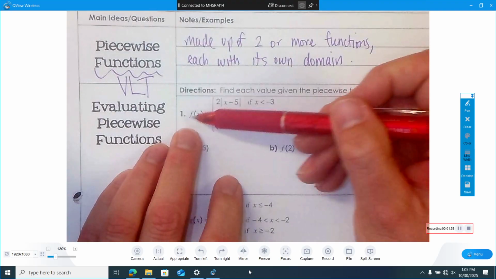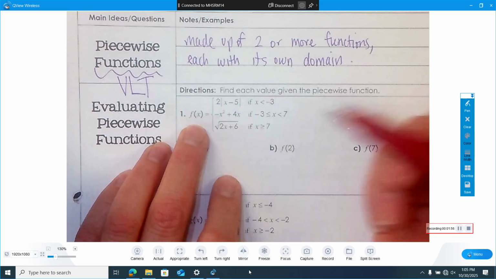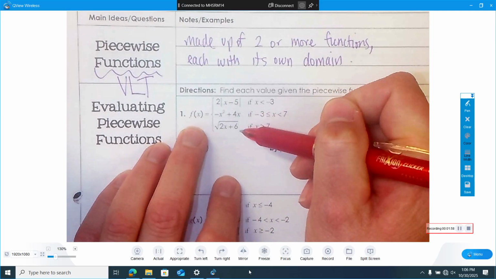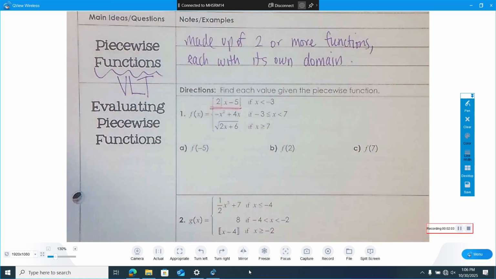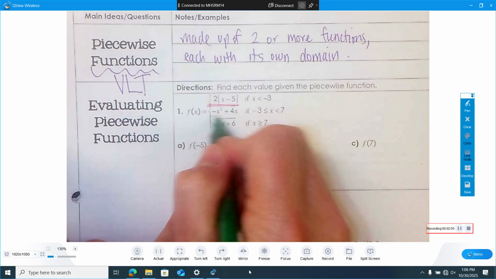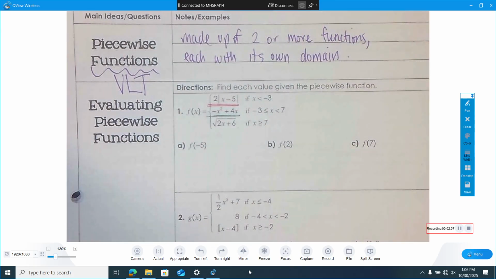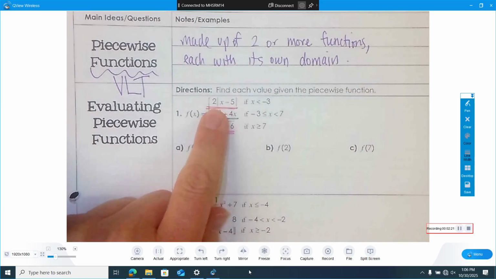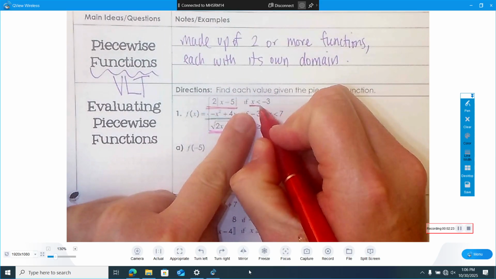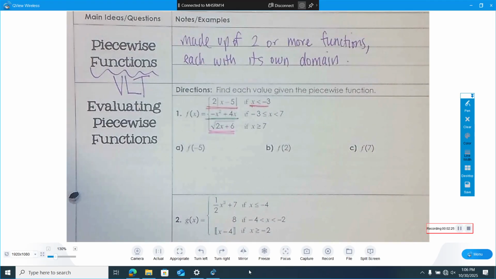So here we have a lovely function f of x, and it has three different parts. So we have this first top equation I'm going to do in red. It has this second equation in the middle, and it has a third equation in pink. So it has three different pieces, but we only use the red piece if I have x values less than -3.